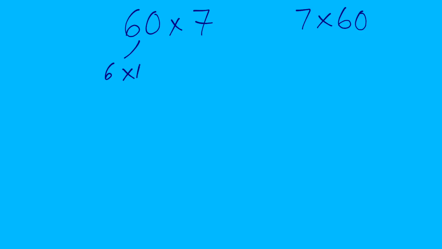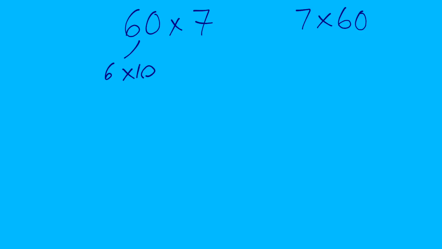Let's look at another question. I'm going to have 60 times 7. Now remember, it doesn't matter which way round we write this. We can write 60 times 7 or we can write 7 times 60. It's exactly the same. Now we know that the number 60 is the same as saying 6 times 10.